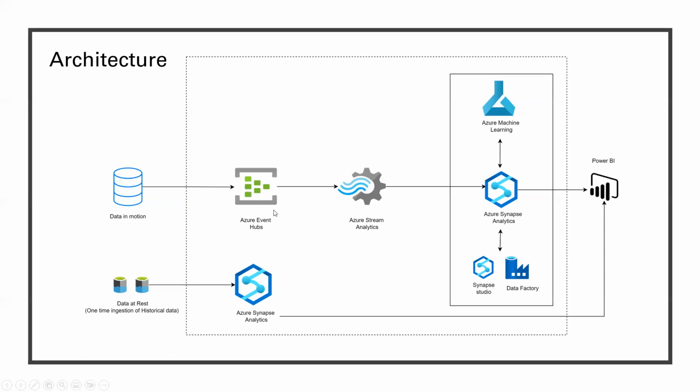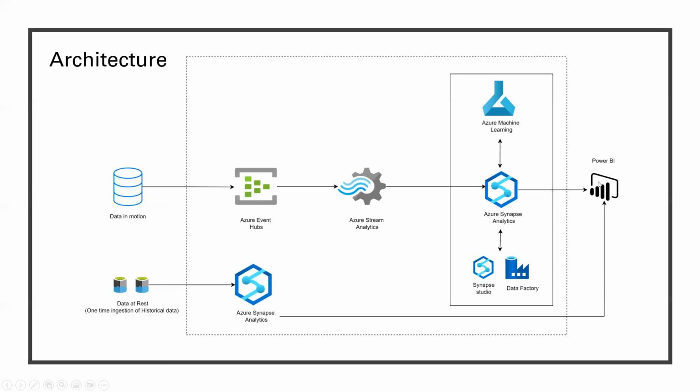The second step, create a job in Azure Stream Analytics and bring the data from Azure Event Hubs. Our input is Event Hubs in the Stream Analytics job, and we do all the transformations, and we can apply customized SQL. Once we have that final data, we can directly publish to Power BI.